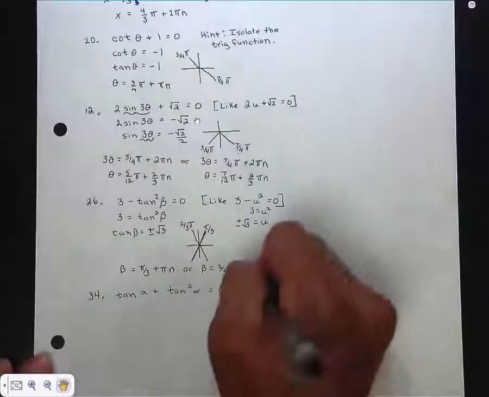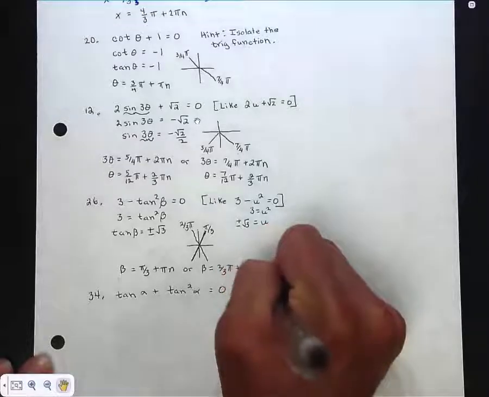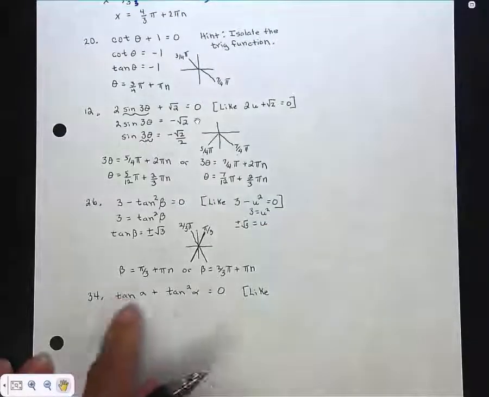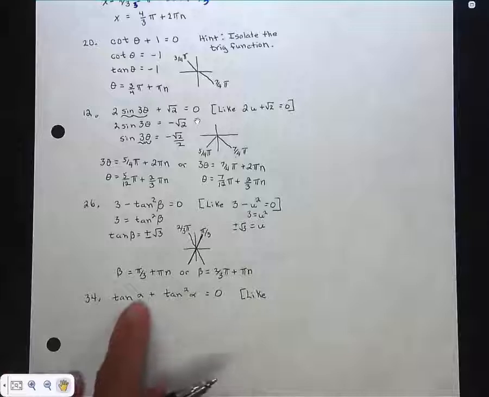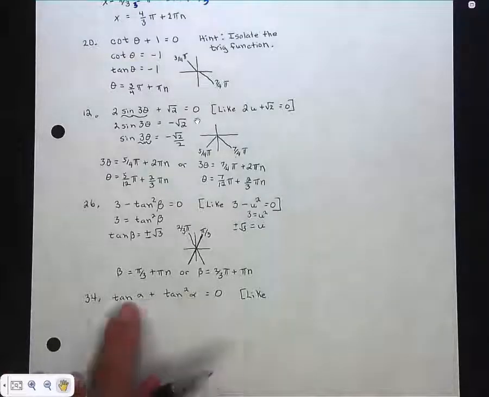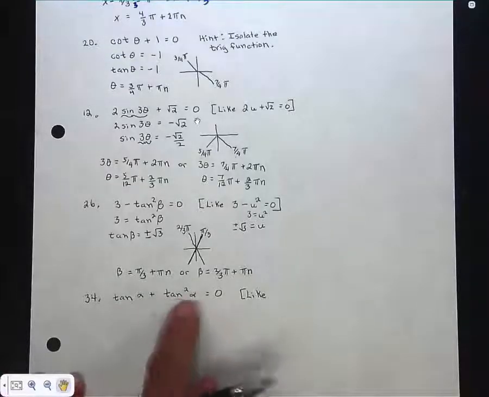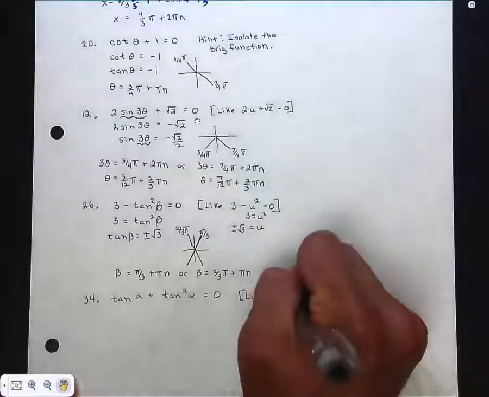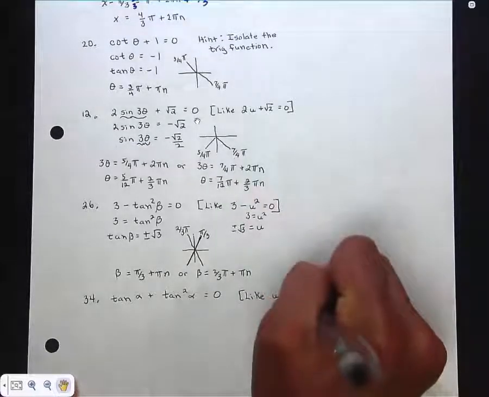If we just call tangent alpha ugly, this is ugly, and this is ugly squared. Ugly plus ugly squared equals 0.